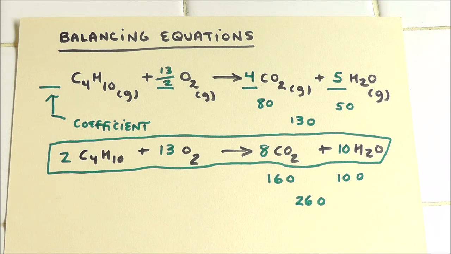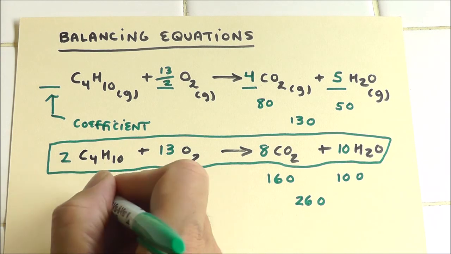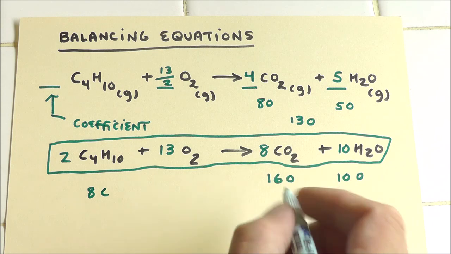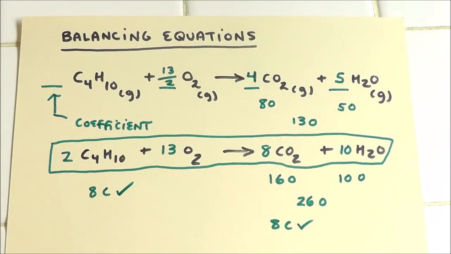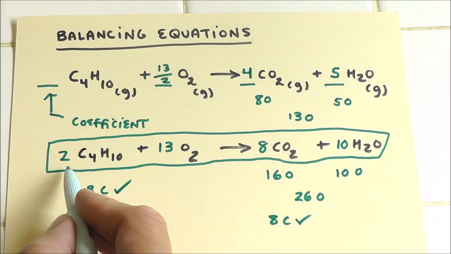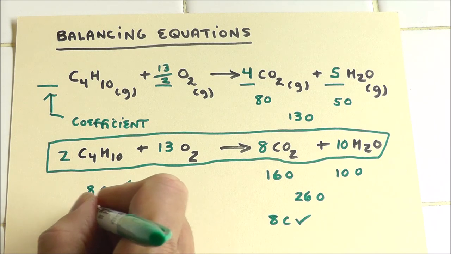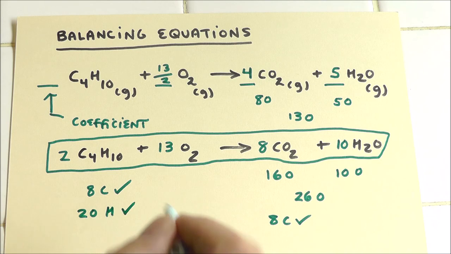And what you should do is take inventory. So in each case, I should make sure, did I get everything right? And then you should do a count. I know it's boring, but you should probably count everything up and say, okay, what do I got here? I got 8 carbons. And over here, I got 8 carbons. That's balanced. For carbon, at least. I got 2 times 10 is 20 hydrogens.